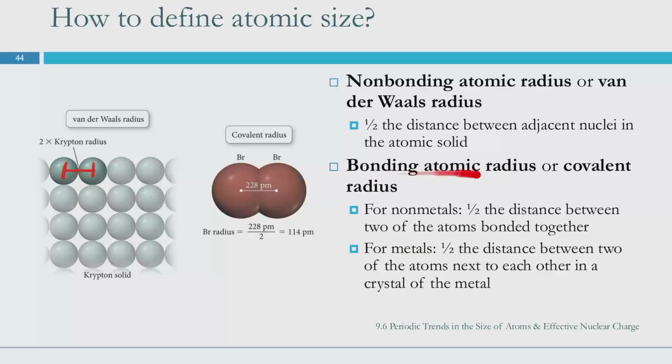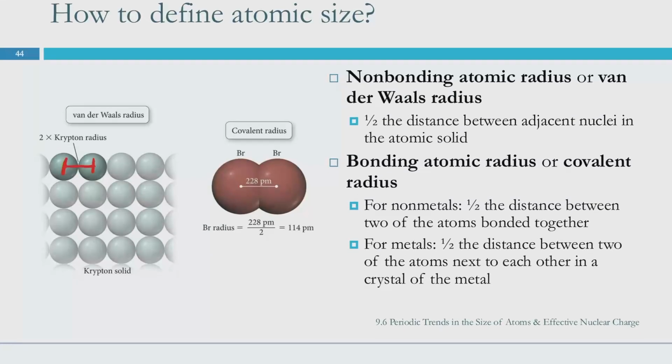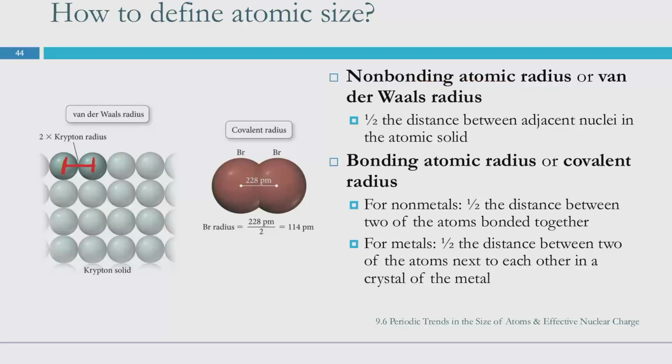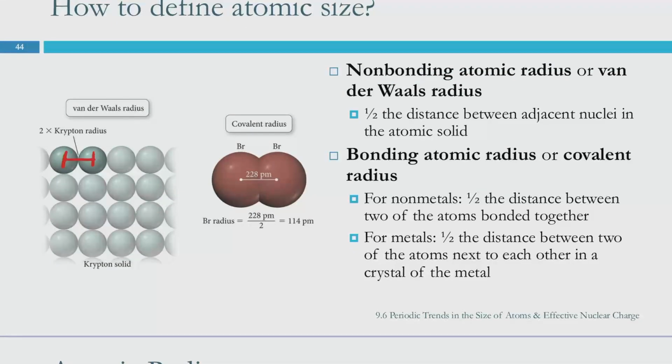There's also the bonding atomic radius, so things that bond, or the covalent radius. Covalent, like in covalent compounds, like molecules, where they're sharing electrons. In non-bonding radius, they're not really sharing electrons, they're just sitting next to each other. Our bonding atomic radius for nonmetals is going to be half the distance between 2 of the atoms bonded together.